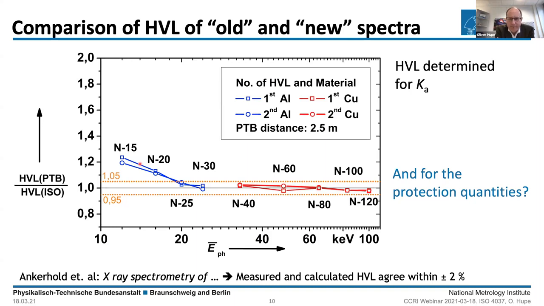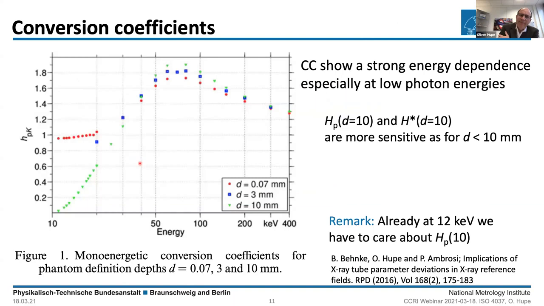That's for air kerma. What happens for the radiation protection quantities? The monoenergetic conversion coefficients show a strong energy dependence, especially at low photon energies. And for sure, the change also depends on the tissue depths. If you have a look at them, you'll see that at the high energy part, this is only the backscattering from the phantom.